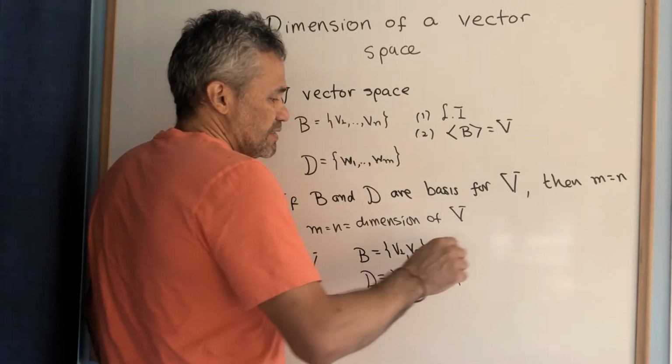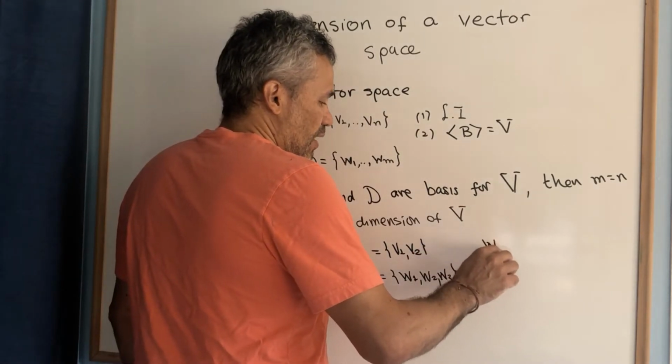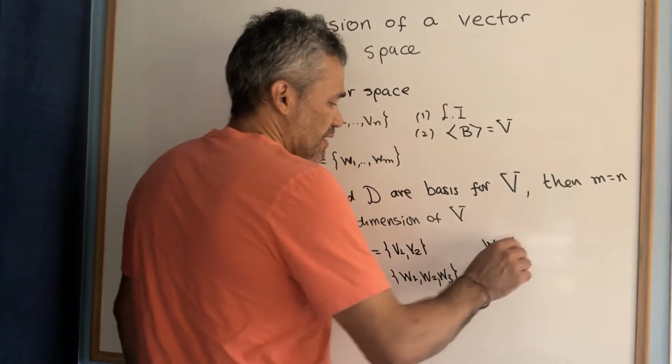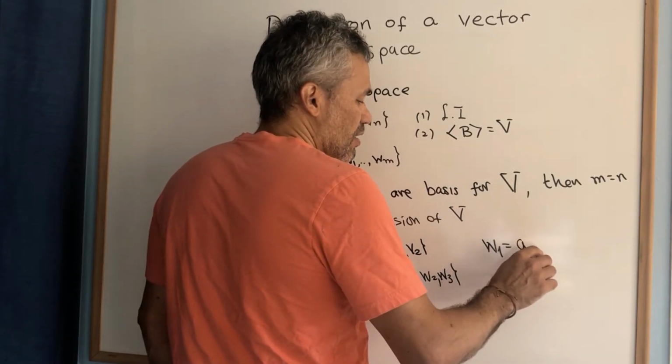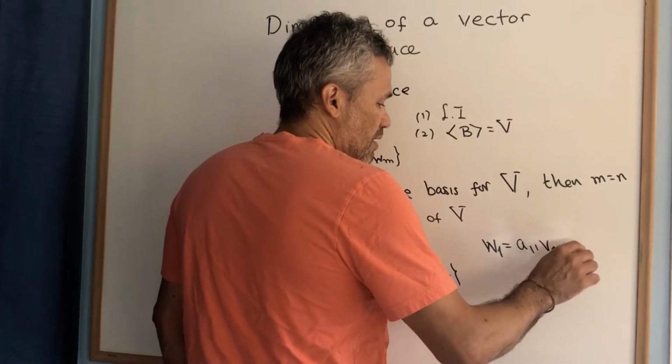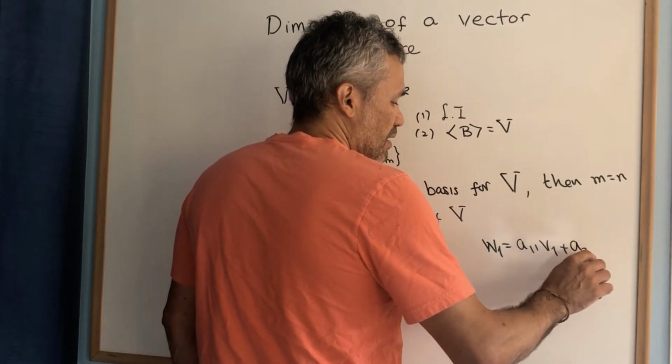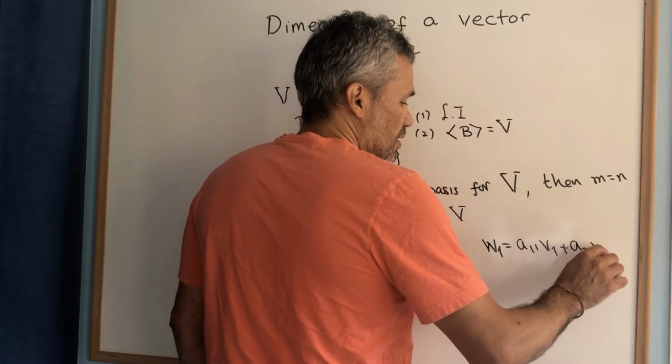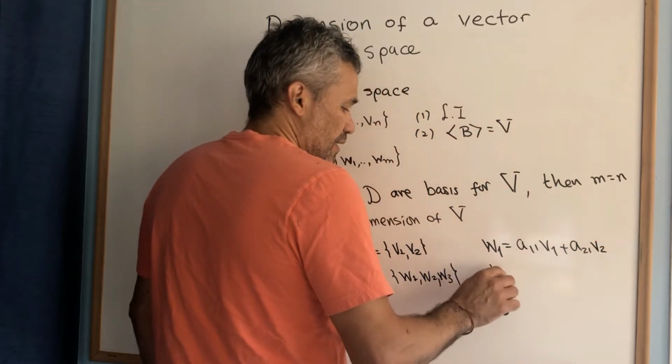Since B is a basis, then we know that w1 can be written as a11 b1 plus a21 b2.